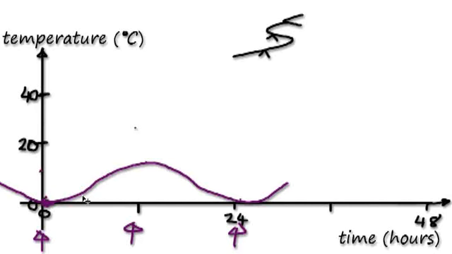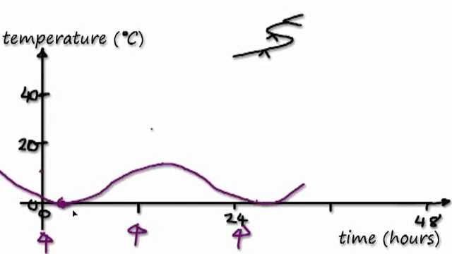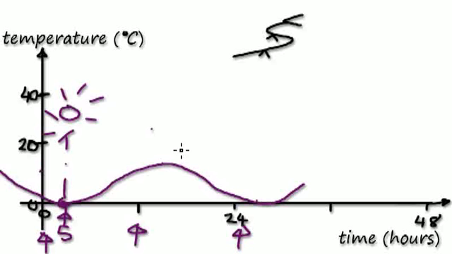But the thing is, we're going to say that the sun rises at 5 in the morning. So we're going to set up this model so that the body temperature of the lizard starts to rise when the sun comes out. So somehow we want to set up so that this here is at the 5 mark. The sun comes out, and then its body temperature will rise, and then this bit here is night time.